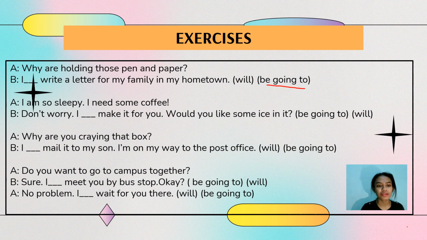Why be going to? Because the sentence is clear, kalimatnya tuh seperti udah jelas gitu, jadi kayak lebih specific sentence gitu, jadi lengkap, jadi sudah di plan, jadi sudah terencanakan oleh si B ini gitu.